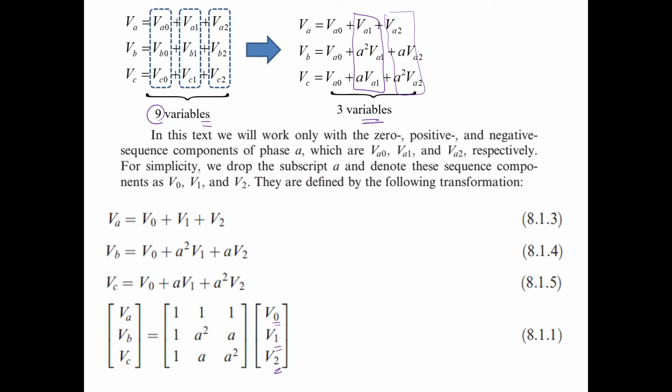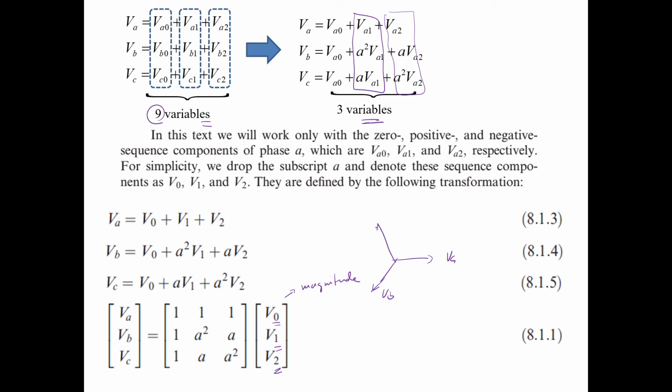In this case, what we see from this equation is just the magnitude of this phasor. Why are we interested in just the magnitude? Because we already know that for the positive sequence, the angle separation is in this form: VA in here, VB in here.